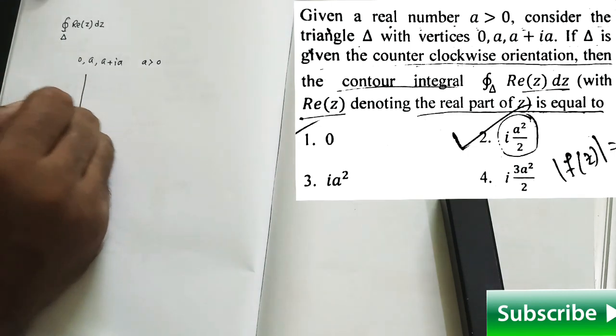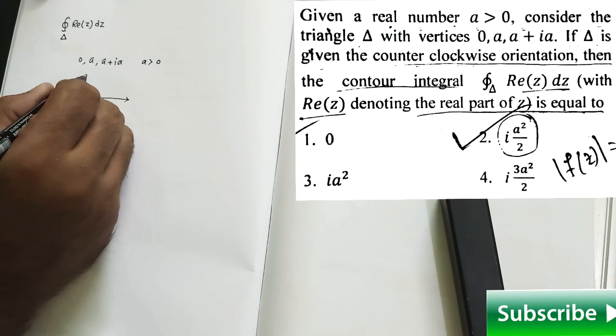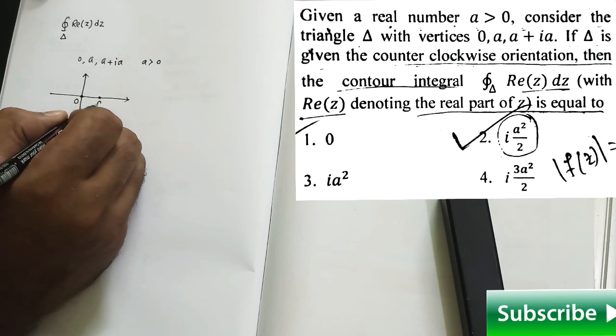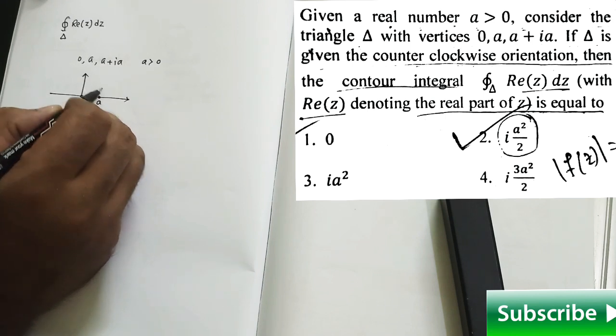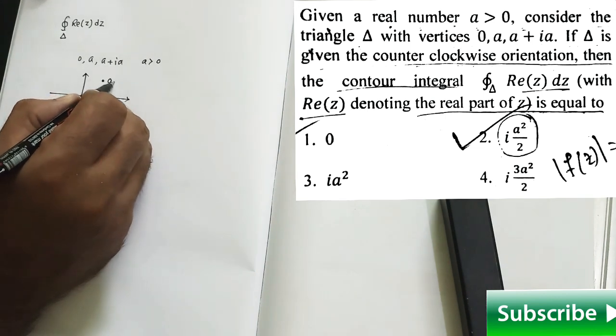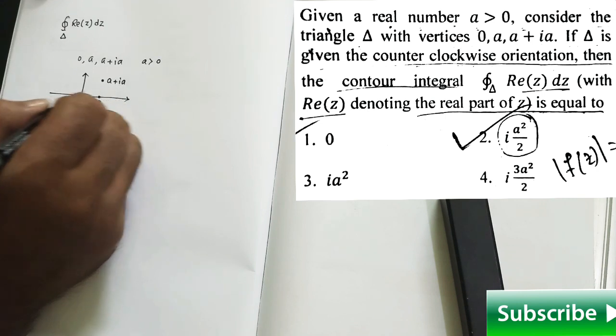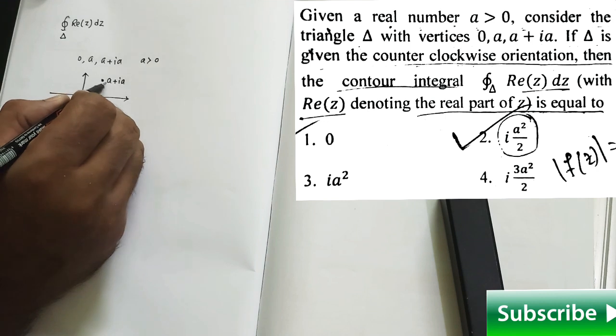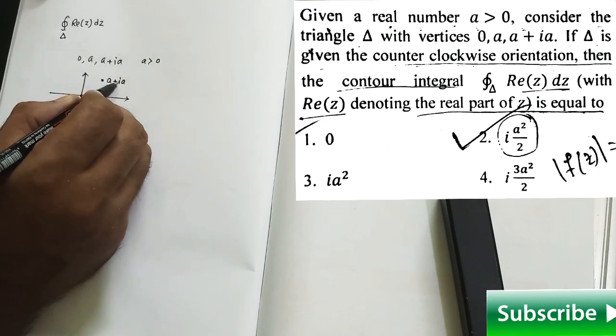So try to draw the triangle here. This is your 0 and say this is your a, and this point will be a comma a, or in the complex field it is this. So this is the complex number z is equal to a plus ia.